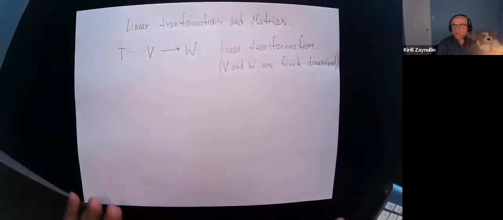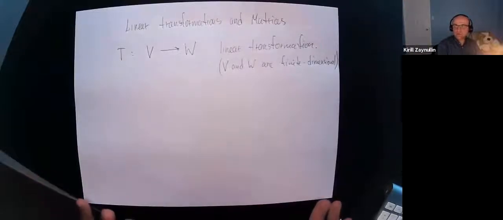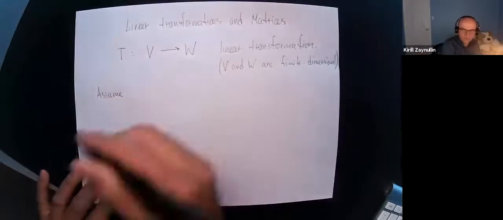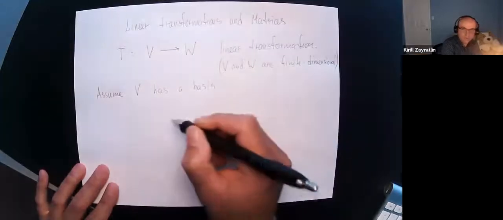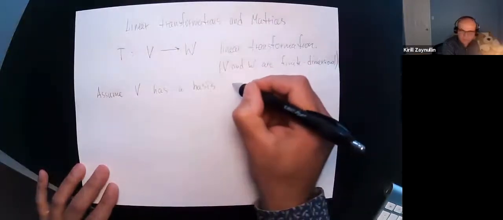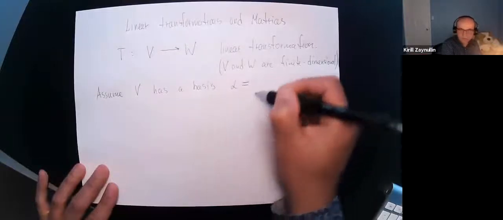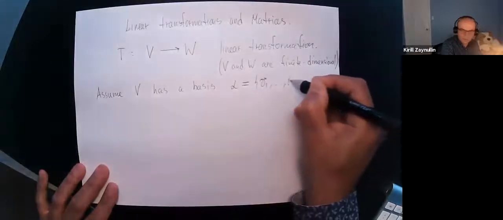Why do we need to assume this? Because in order to proceed, we would like to choose a basis. We would like to choose actually two bases, one for V and another one for W. So assume that V has a finite basis. Let me use a Greek letter to denote a basis: alpha, a basis of V, v1 to vn.